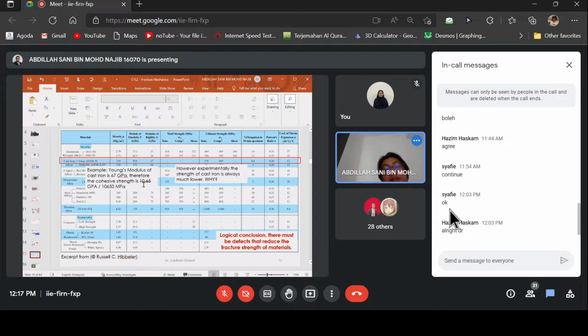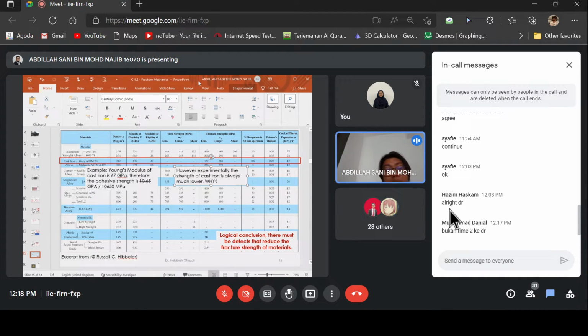So 5 gigapascal is around 5,000 megapascal.